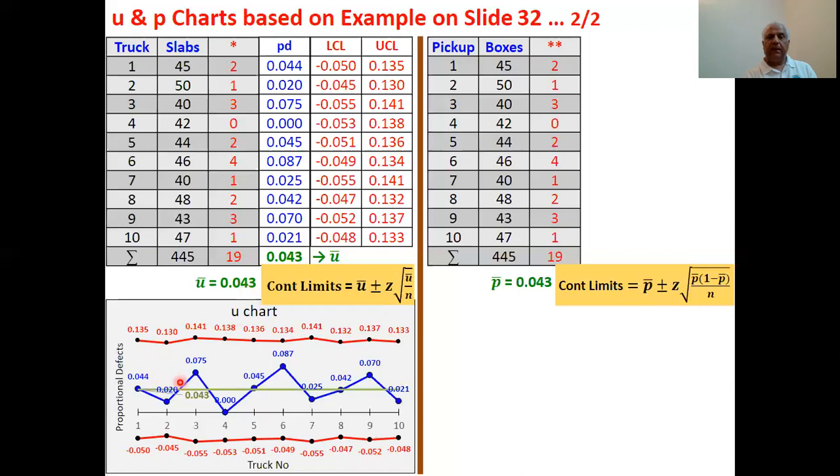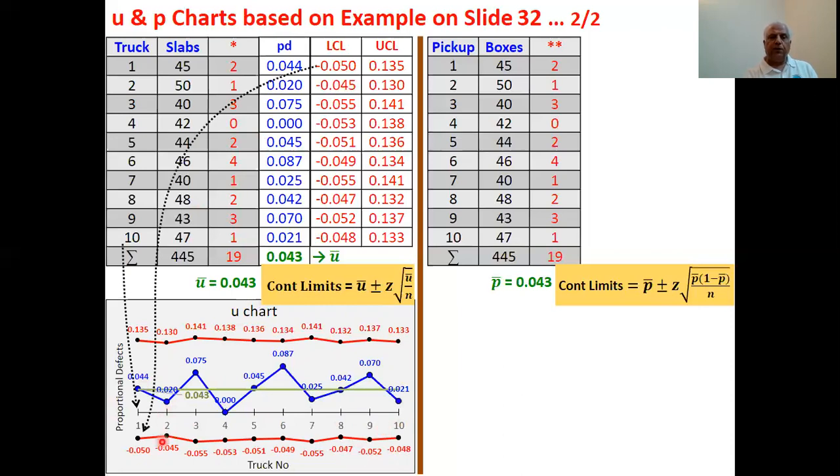This green line. And finally, this data, which is to be plotted: 4.4% or 0.044 for the first truck, 0.020 for the second, and so on and so forth. And just to show this with a little animation, this is your axis indicating the truckloads or these 10 samples.